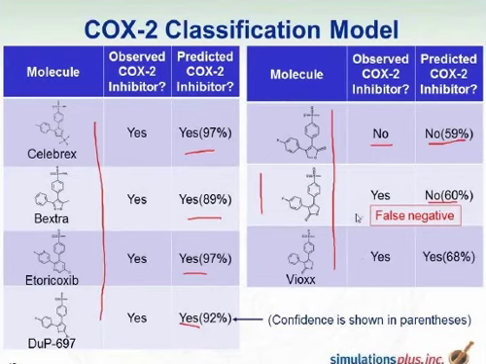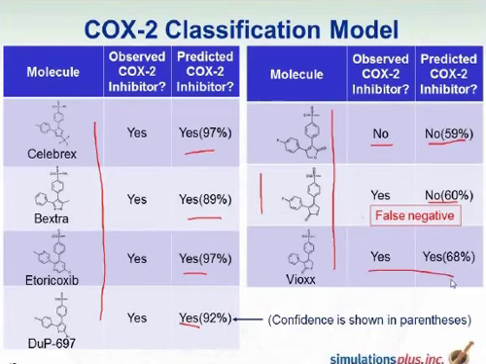And I would rather have false negatives at this stage, because if you predict it to be negative, you're not going to synthesize it. So you might miss a compound. On the other hand, if you predict it to be positive, you might go ahead and synthesize the compound, and then it'll be inactive. And we didn't want to make any inactive compounds, so we preferred to have false negatives rather than false positives.